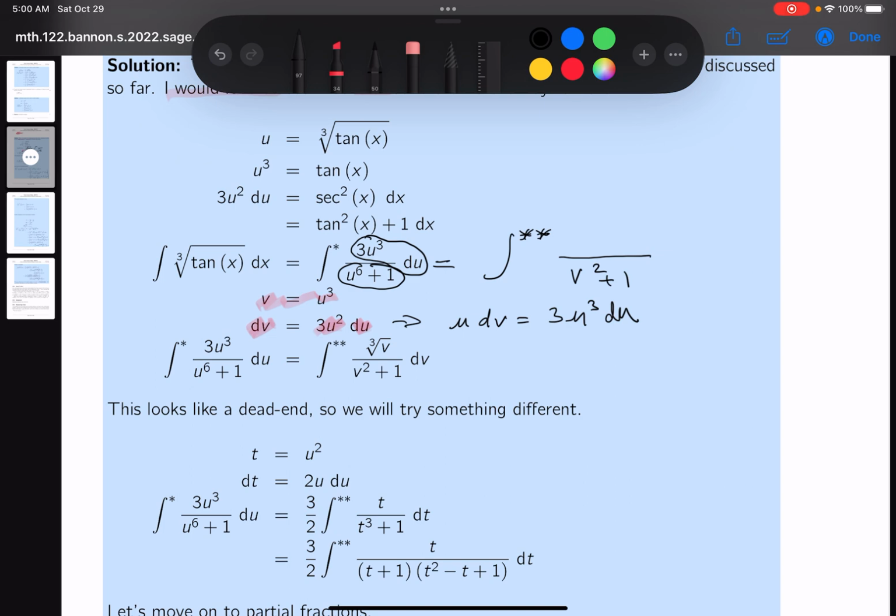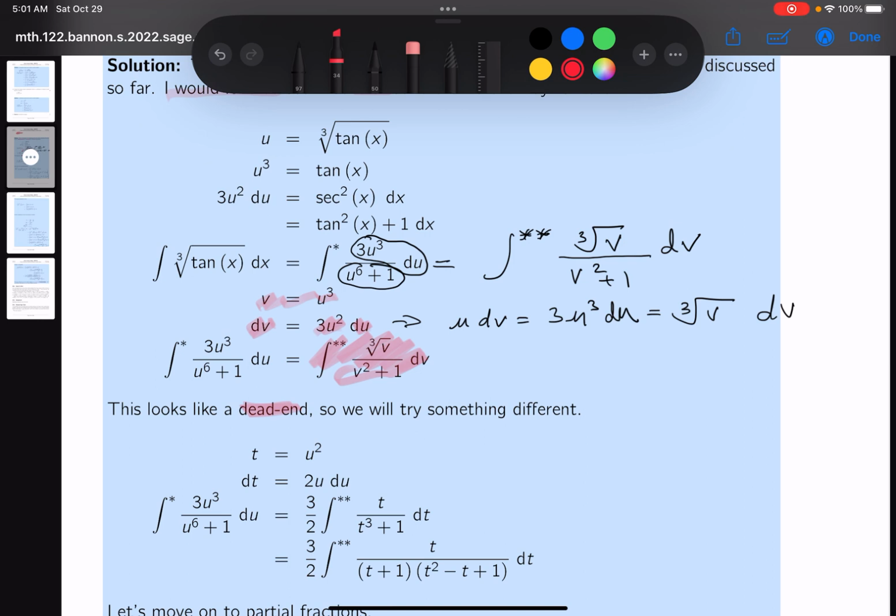The u is going to be the cube root of the v. So I write that down now: cube root of v dv, and that's where this thing is, right over here. All right, this is where I realize I'm at a dead end. To me it got worse.